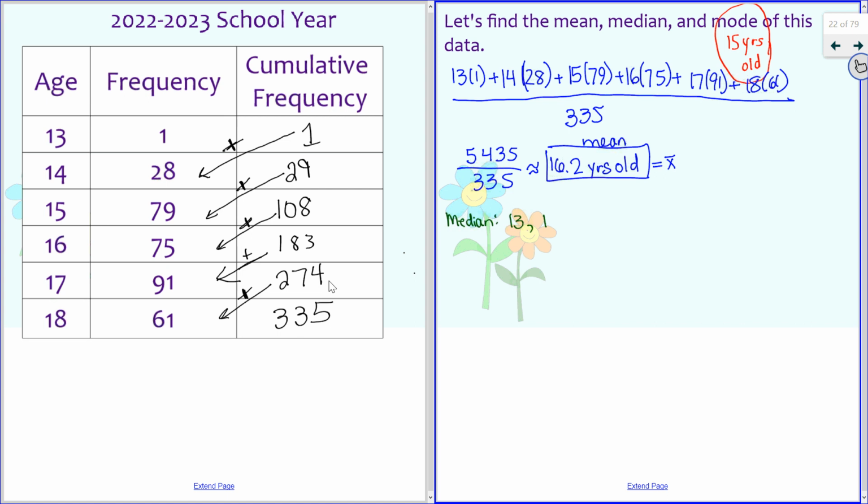Then you'd have your 14-year-olds, and there are 28 of them. And then there are 15-year-olds, and there are going to be 79 of them.